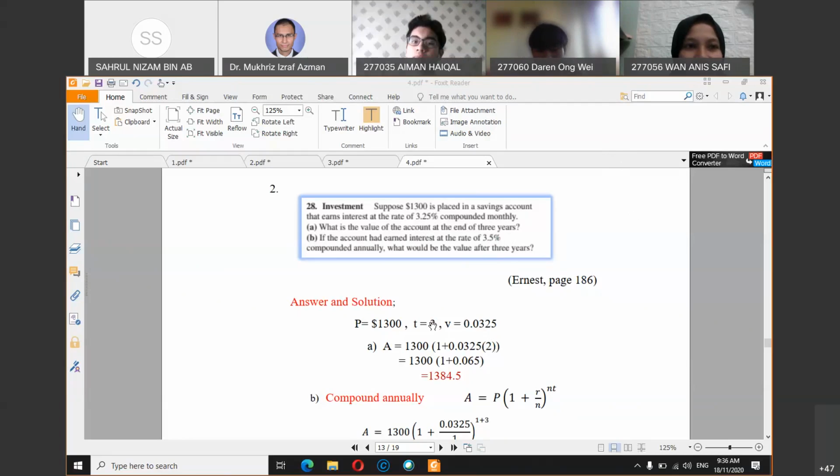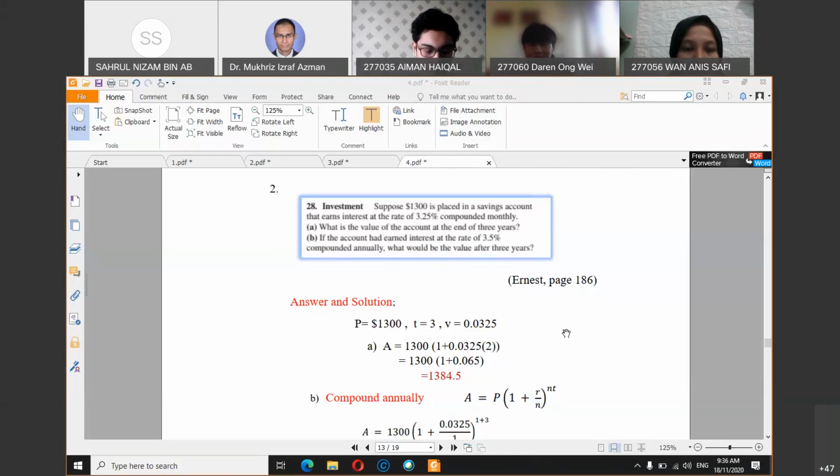Yang kedua, this is supposed to be 36, okay? Because you must read the instructions clearly. This is monthly, so every month you get 3.25. So 3 years means 36 months. So this is supposed to be 36, not 3.